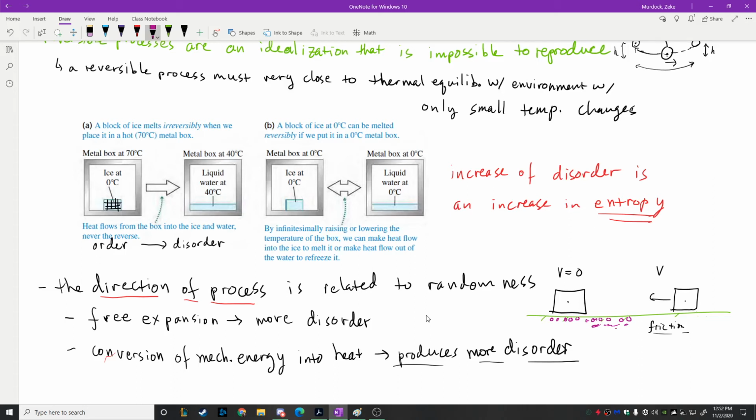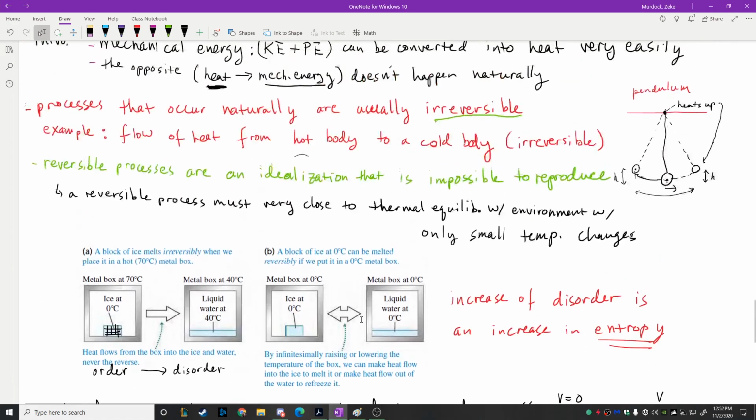But that temperature increase naturally increases the random motions of the molecules. So a temperature increase is automatically associated with disorder. So if you have a system that converts any type of energy into heat, then it's guaranteed that you're increasing disorder, because now you've taken a macroscopic system and started to move around a bunch of microscopic molecules.